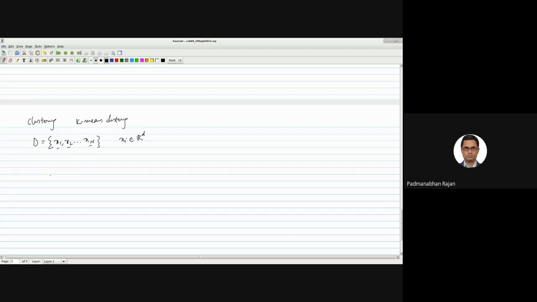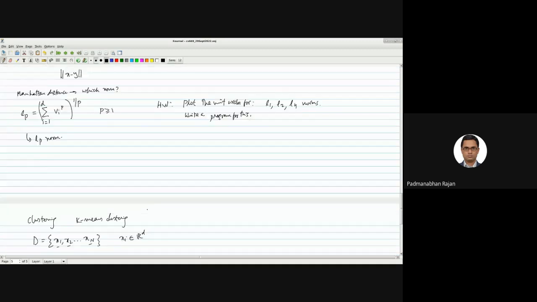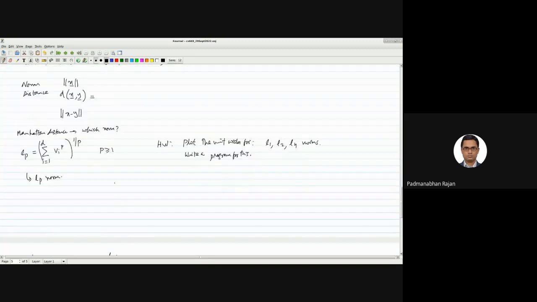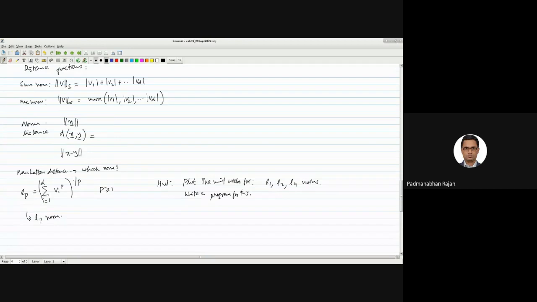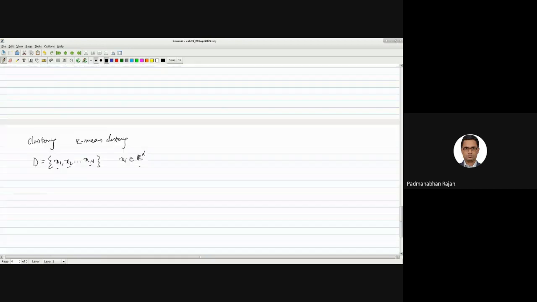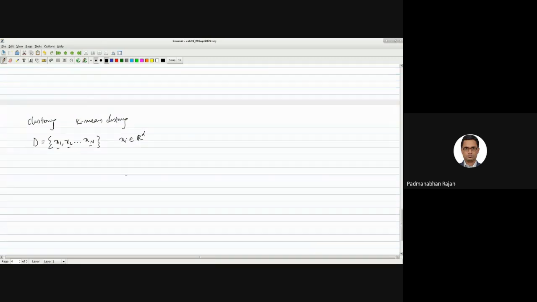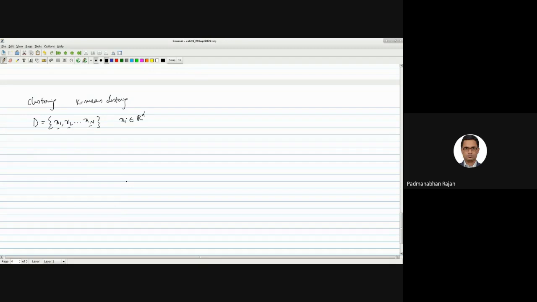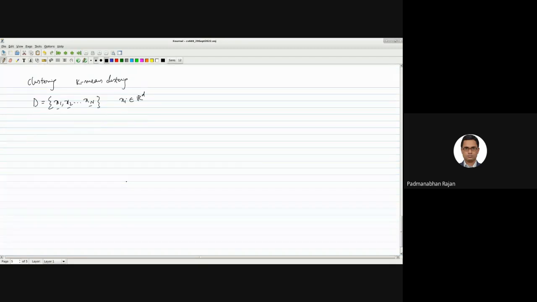That is why the distance we saw earlier is important, because whatever clustering you do will depend on what kind of norm you use. If you cluster with one kind of norm, you will get one result; with a different norm, a different result. So the distance function is important.